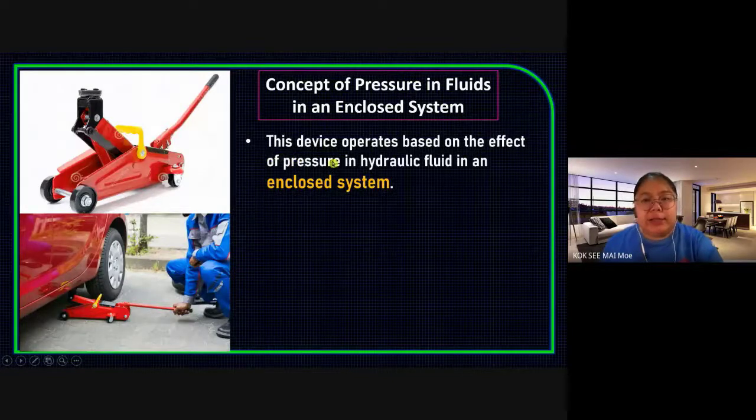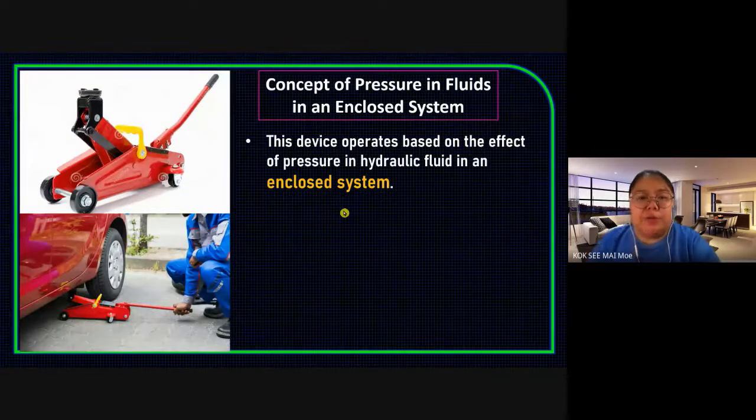This device operates based on the effect of the pressure in hydraulic fluid. Inside there is fluid, and pressure in the enclosed system. That means inside must be closed. You cannot open it. If you open it, there will be air bubbles.